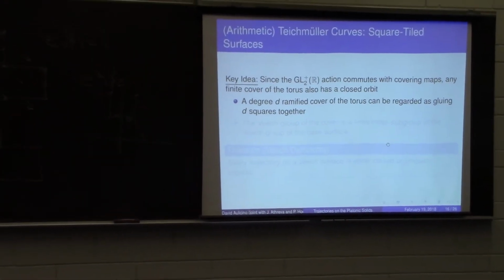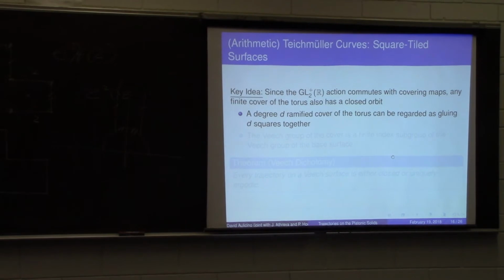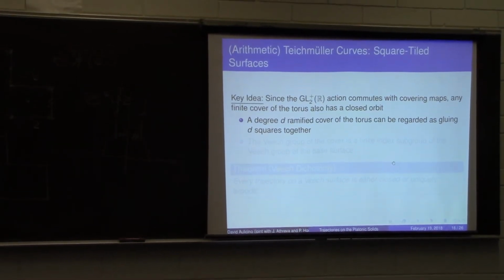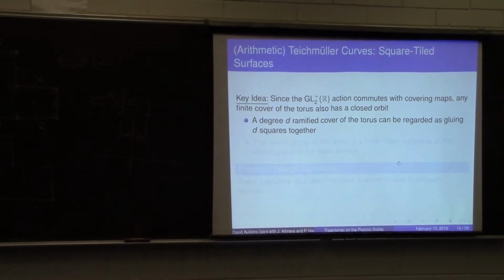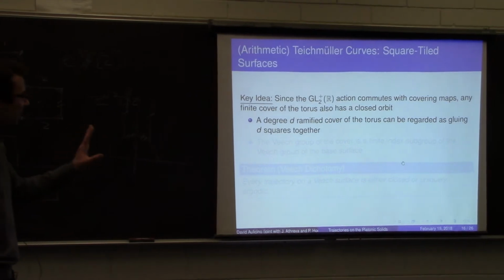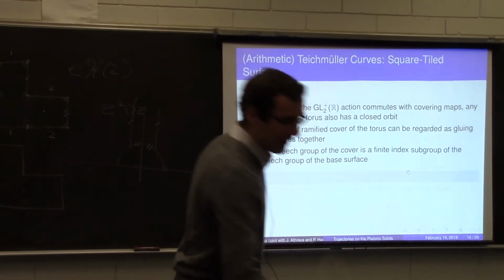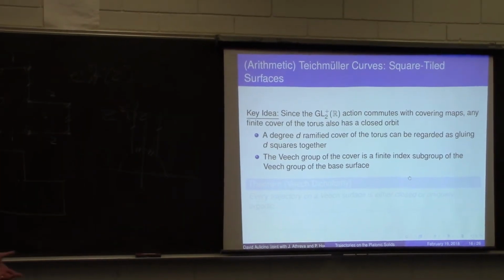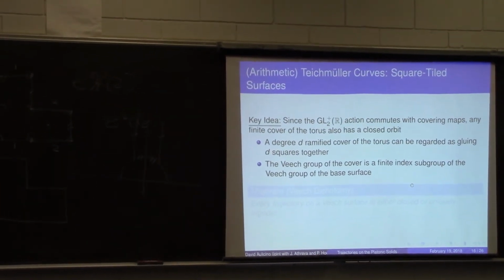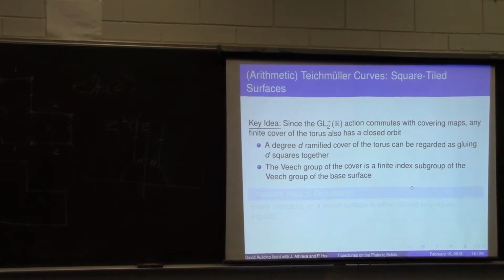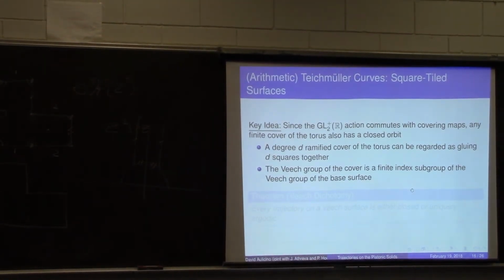I do want a ramified cover. So it's going to be ramified over this point. If I just considered degree d unramified covers, I'd be getting the torus over and over again. So that's certainly key. The Veech group of the cover is going to be a finite index subgroup of the Veech group of the base surface.